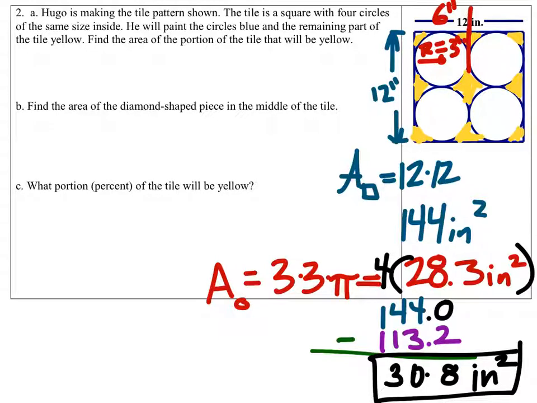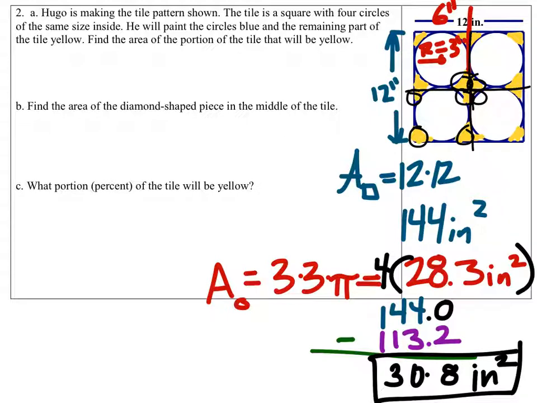Alright, so if that much is painted yellow, we need to find the area of the diamond shaped piece in the middle up in here. So here's what we're going to do: we're going to divide this whole thing up into 4 like these. We can see that each of these 4 is the same as one of these other 4 parts as well.